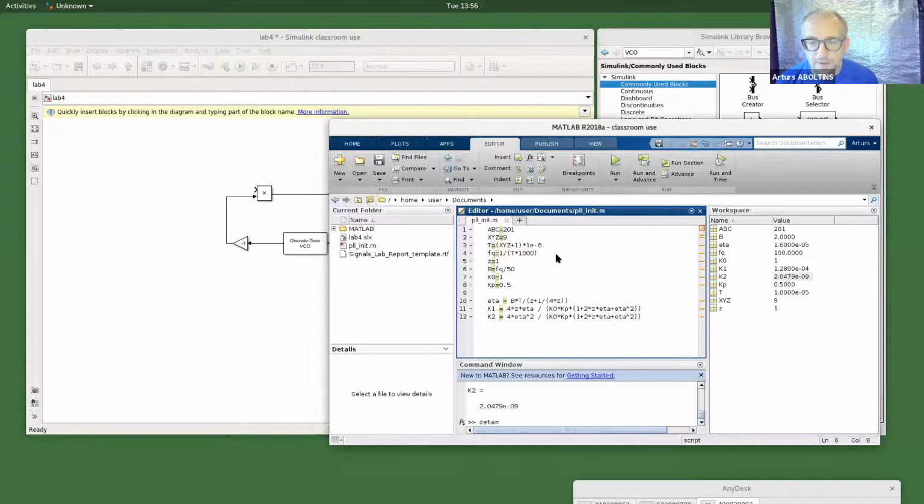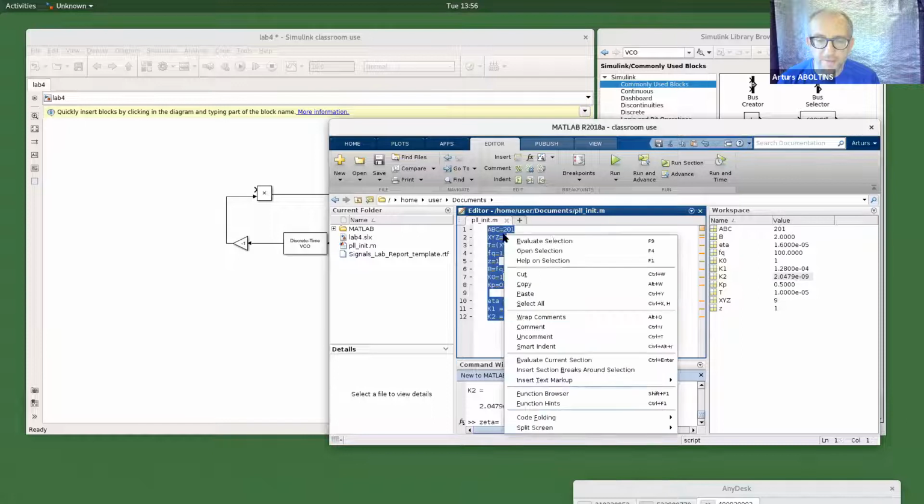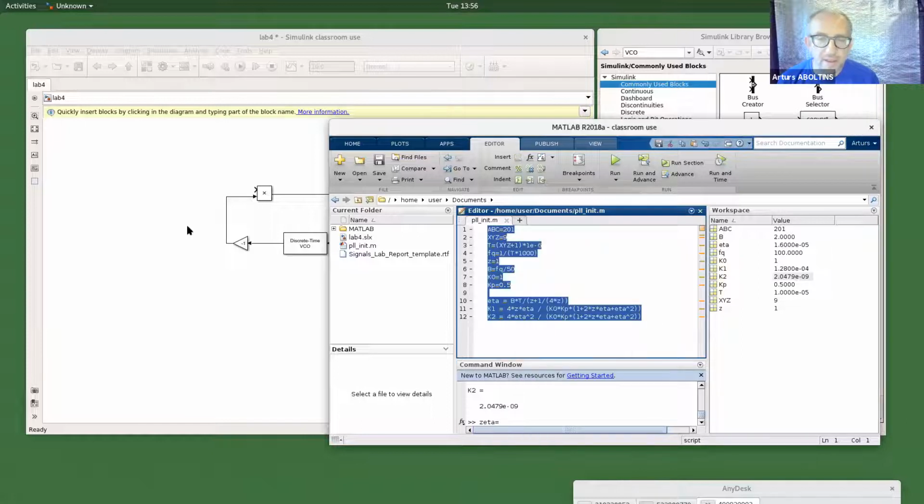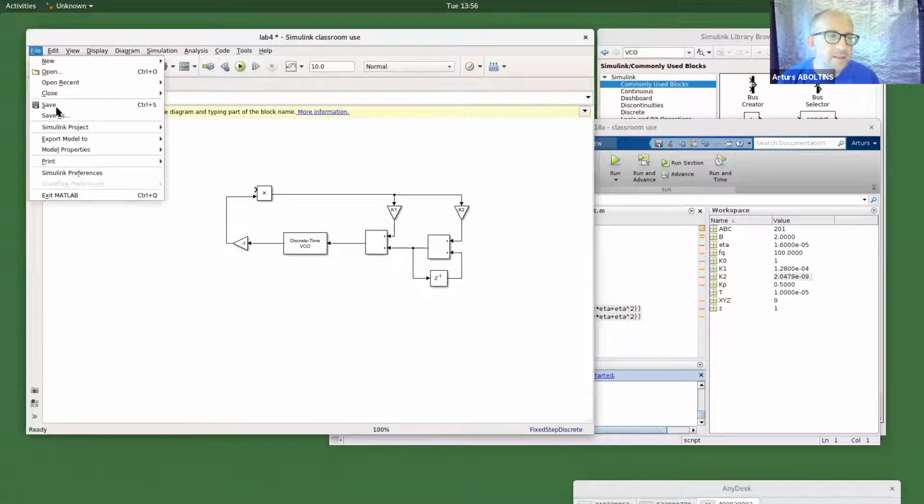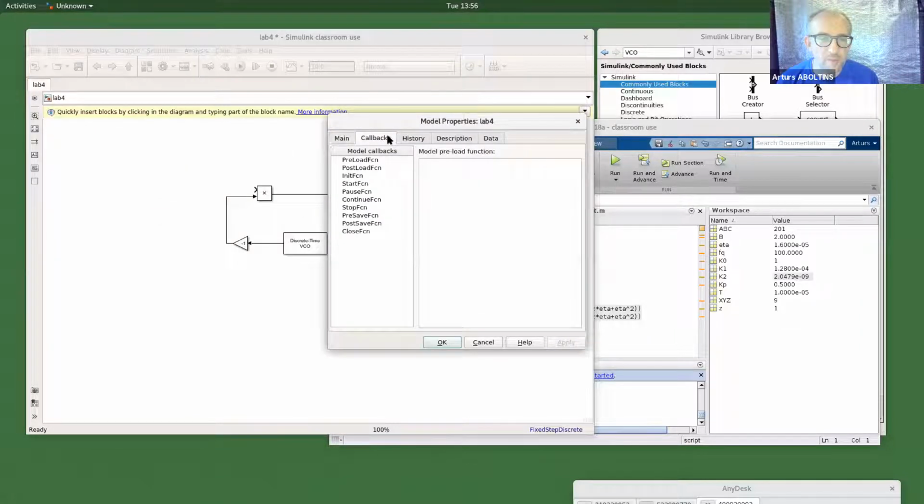So you have this script, PLL init, with all this stuff working. You are sure that it works. You can copy this, then go to the file, model properties, and there are callbacks, and put it into the init function.